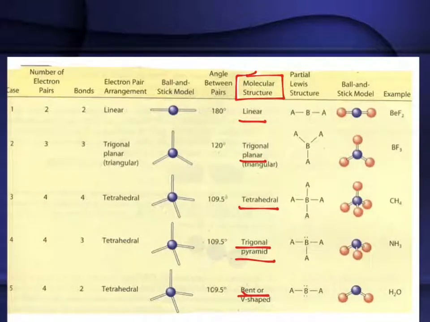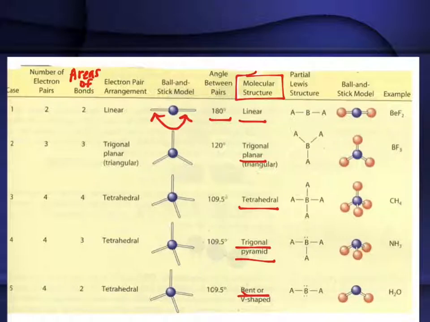In a linear structure, the angle from here to there is 180. You need to know the angle is 180 degrees. You need to know that there are areas of bonds.